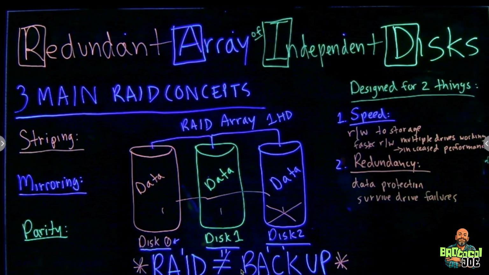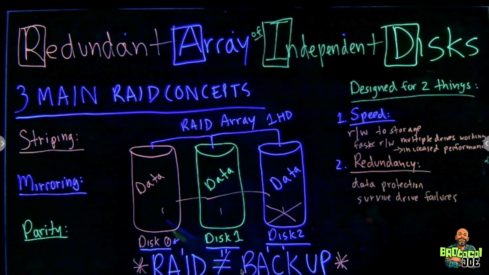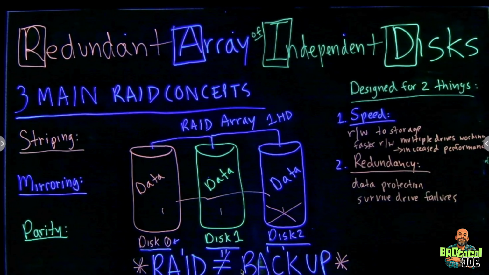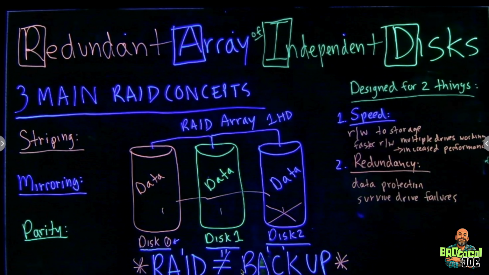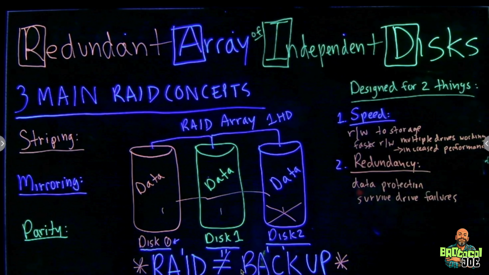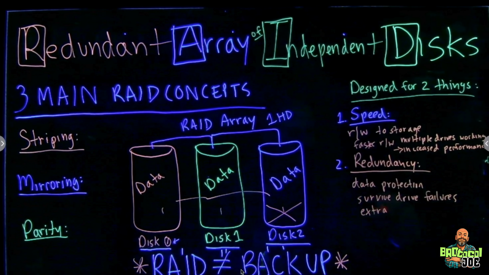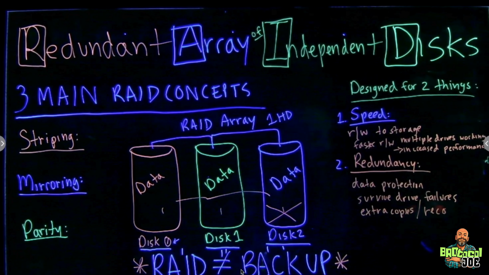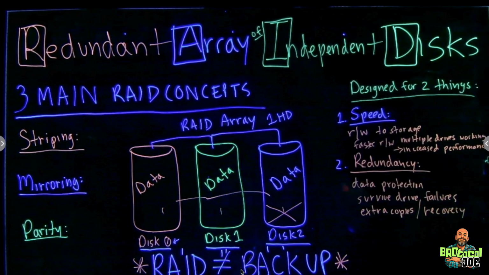Depending on what RAID you use and how many hard drives you use, that will determine how many drives you can withstand losing in your RAID array while keeping all of your data there. RAID redundancy makes extra copies for recovery, so it protects your data.